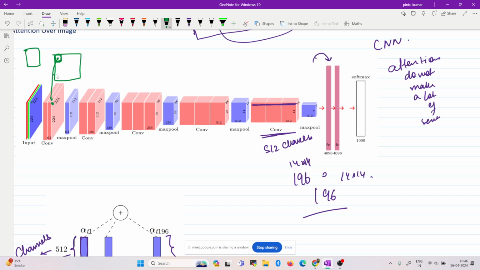Then again you will slide, and you keep on representing different portions of the image. Now when you do some max pool, this particular element not only represents this section, but represents a larger portion of this image, right?